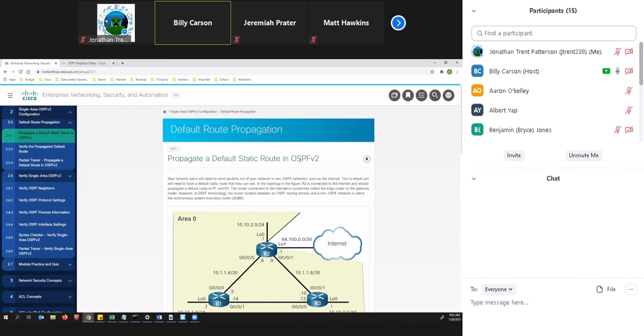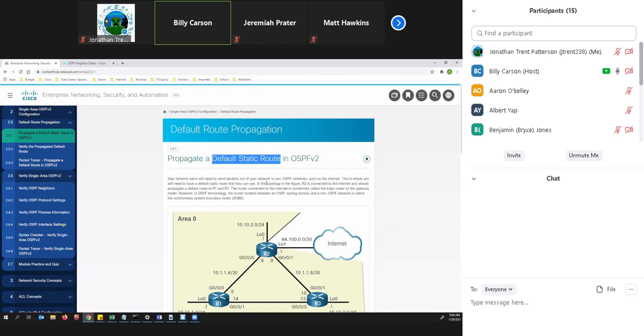Propagated default static route in OSPF. So what do we remember about a default static route? So static route, something we put in. We're going to tell it to go this way, whereas what we've been talking about are dynamic routes.